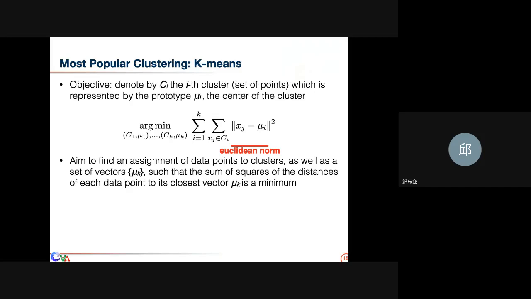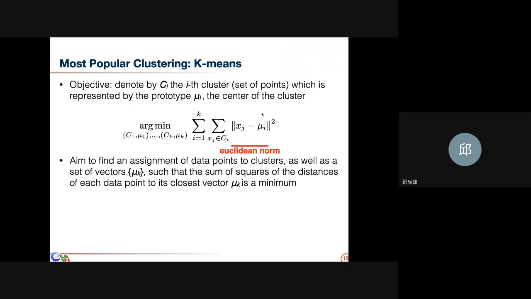So now I want to find these two things: the assignment from the data points to the clusters, and also the center of the clusters. The assignment of the data points as well as the centers of the clusters should be able to minimize this objective function.